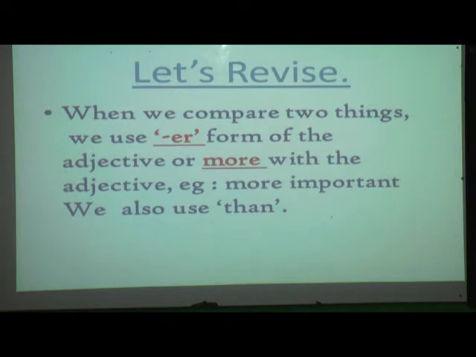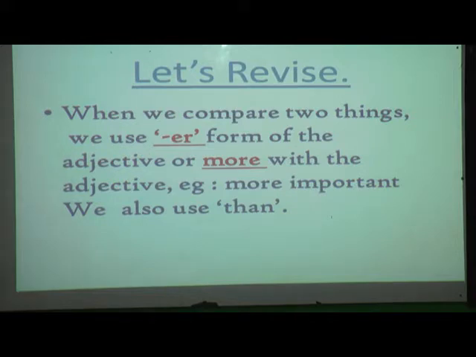So let us just revise what we have learned. We have learned 2 things, yes or no? What is the first one? When we compare 2 things, we use er form of the adjective, or more with the adjective when the words are big. Example, more important. And we also use than.